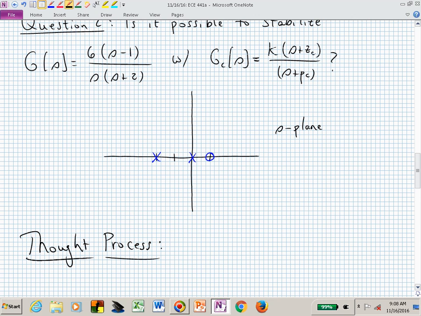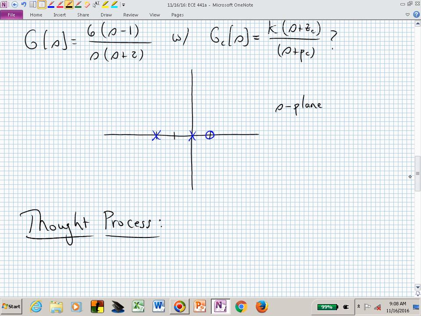What's restricting this system right now if you just had a pure gain controller? That zero in the right half plane, which is forcing that segment between the origin and +1 to be present. It'd be nice if we could somehow get rid of that, or at least change it so that for some range of gain k, we can stabilize this system.